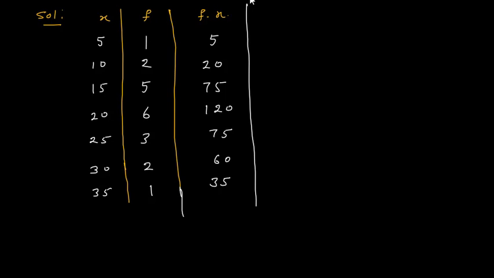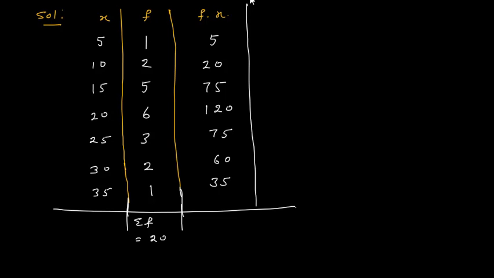Now first we find the value of summation of f. So summation of f is equal to frequency 1 plus 2 is 3, plus 5 is 8, plus 6 is 14, plus 3 is 17, plus 3 is 20. So this total frequency is 20.